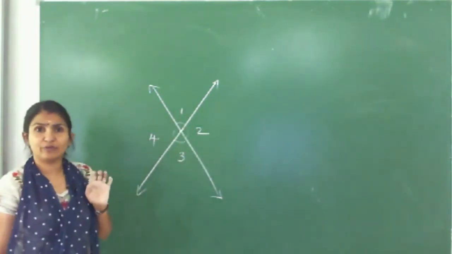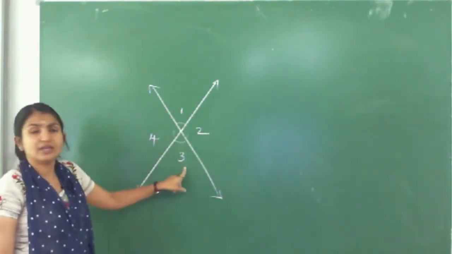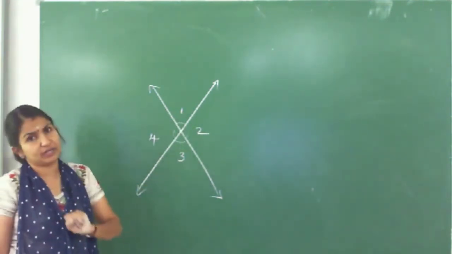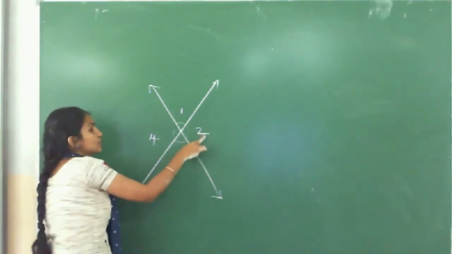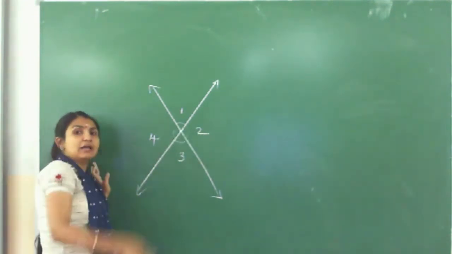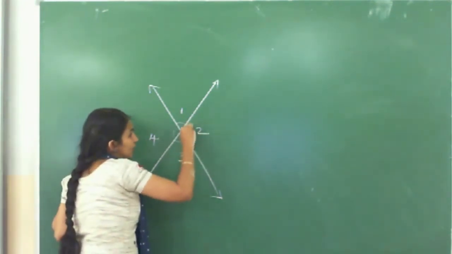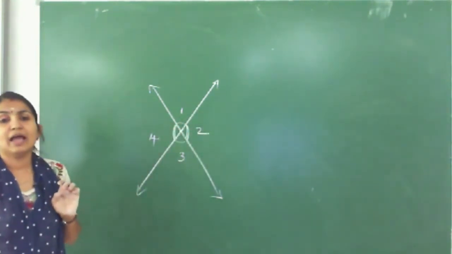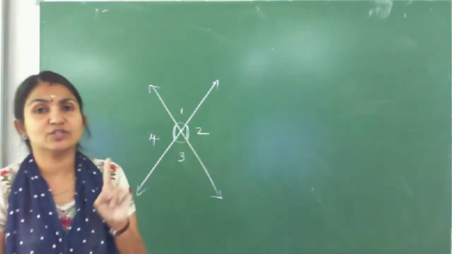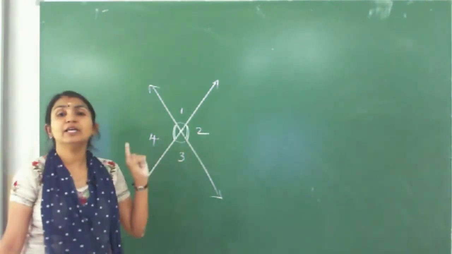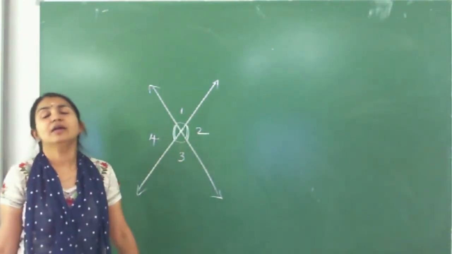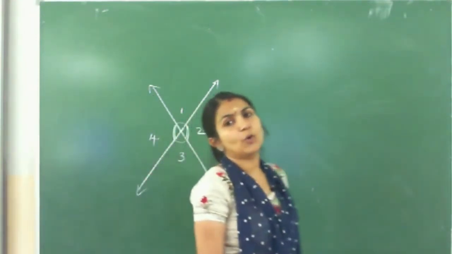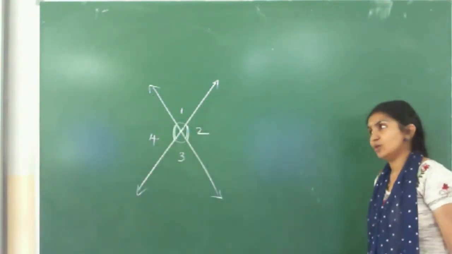These are numbered 1, 2, 3, 4. This 1 and 3 are called one pair of vertically opposite angles, and this 2 and 4 are another pair of vertically opposite angles. One important thing you should know is that vertically opposite angles are equal.